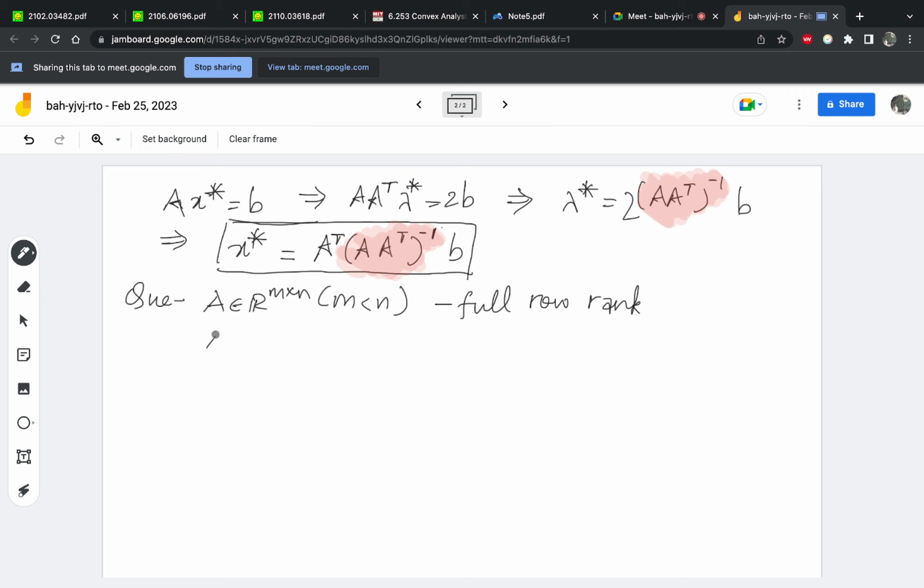So why is A A transpose invertible, meaning why is the rank of A A transpose M? What's the proof? Any thoughts?